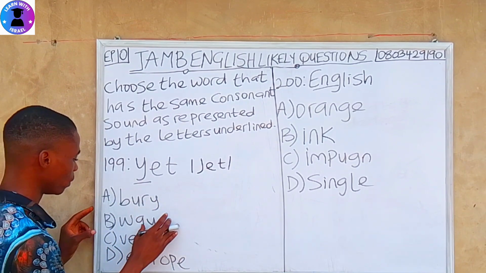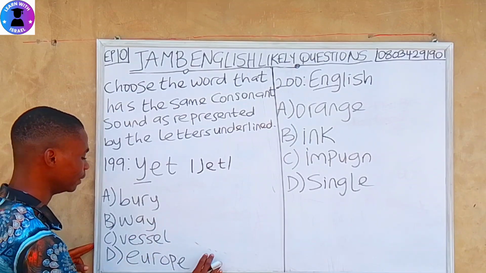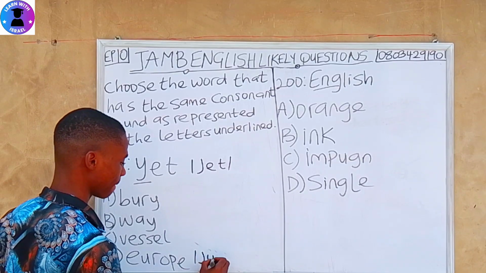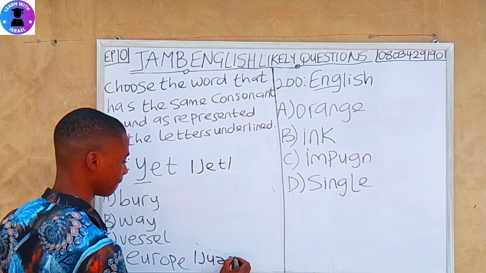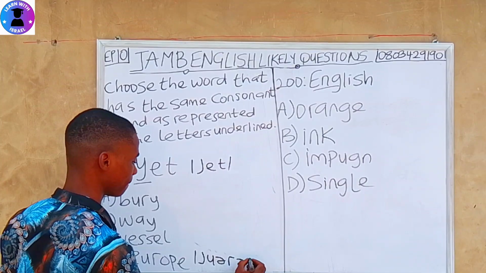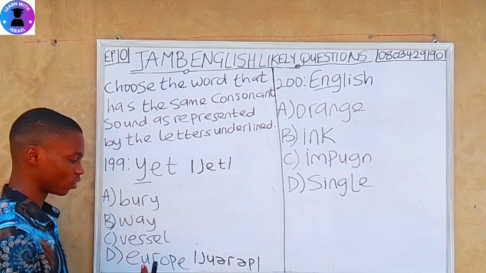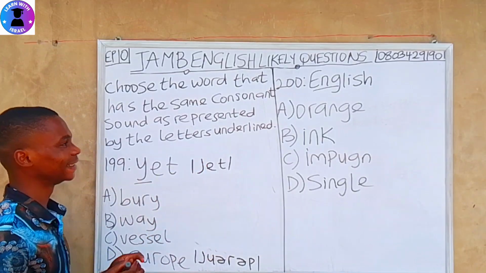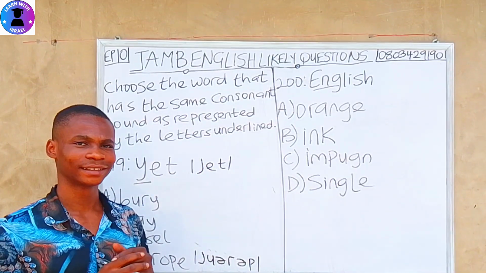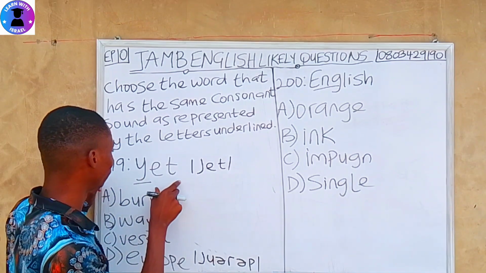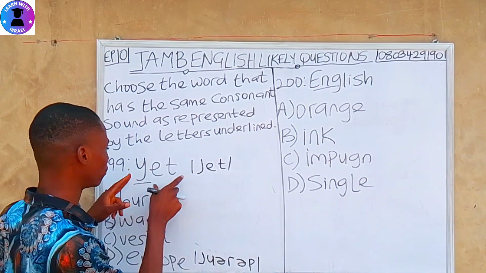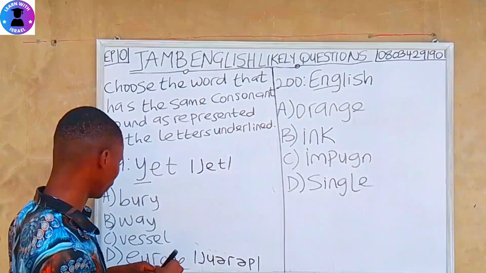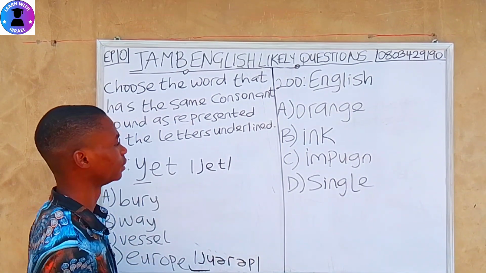Berry, way, vessel, Europe. You can see that Jed and Europe have the same consonant sound. I know some people will be surprised the way I pronounce this, but that's how it is pronounced. So Europe is the correct answer.